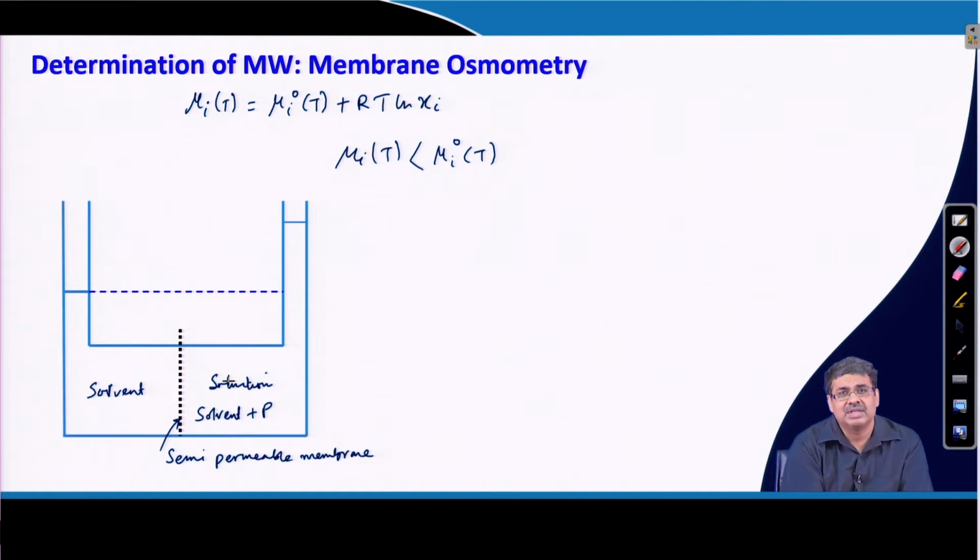Now, we know that to achieve chemical equilibrium, any component always moves from a phase having higher chemical potential to a phase at lower chemical potential.